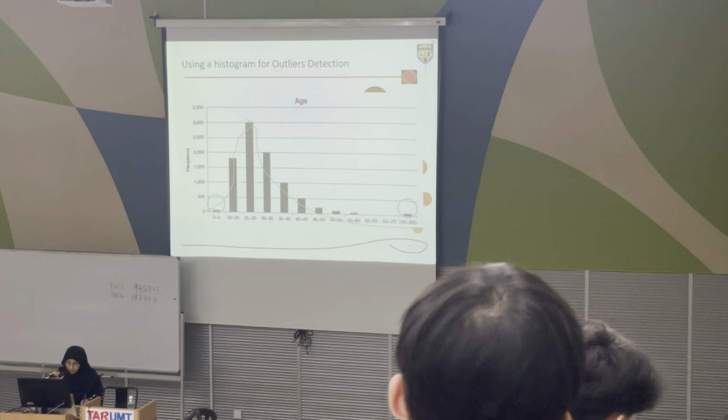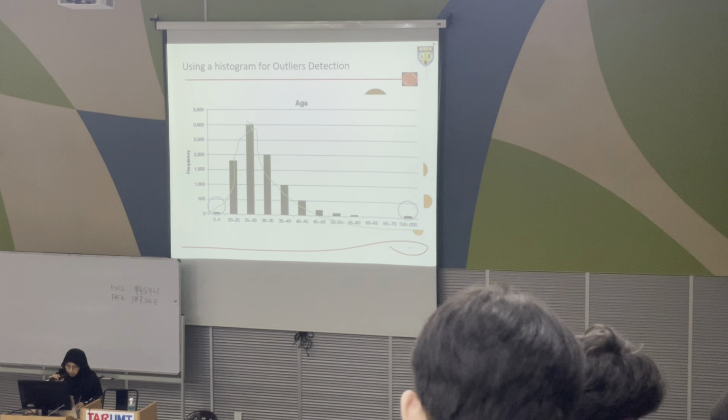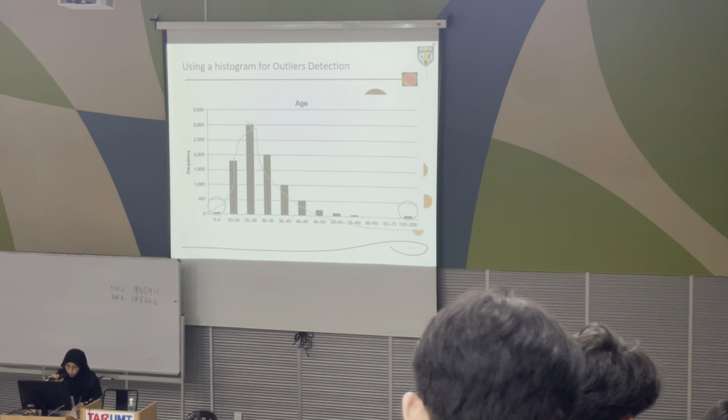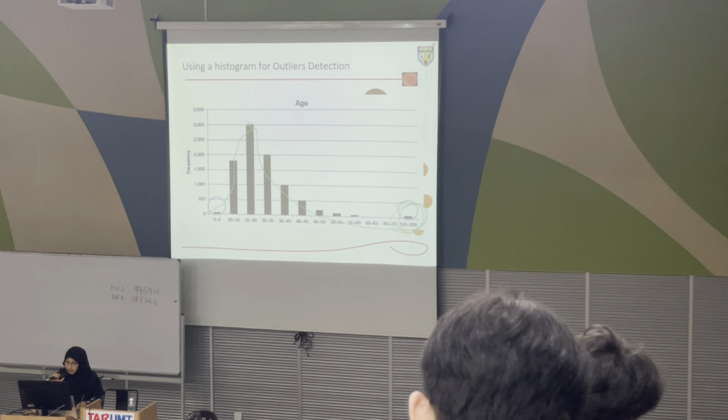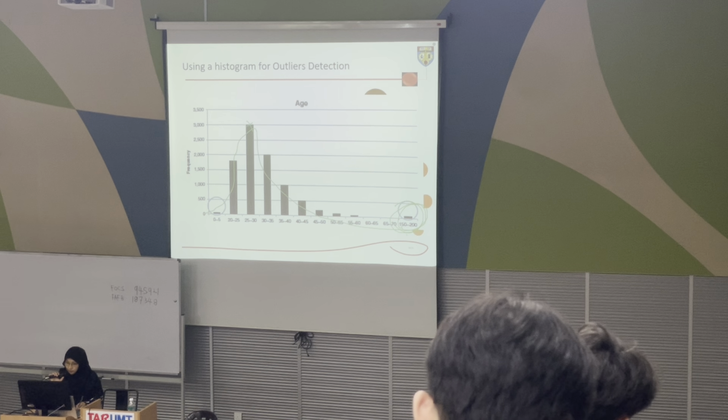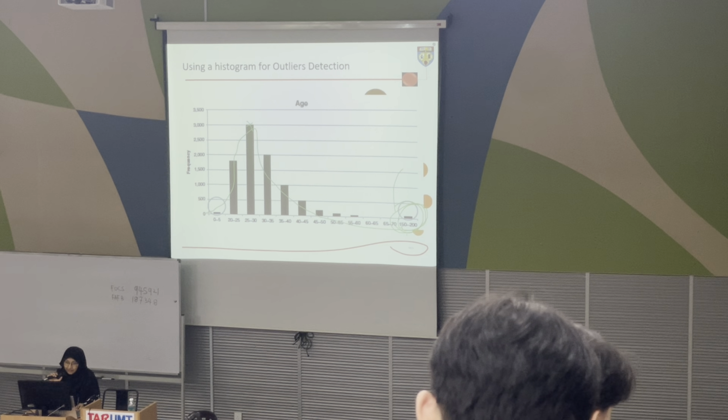Then you can find out that we have a few citizens that fall in this range, 150 to 200. So this one is considered as outliers. Outliers are extreme values.